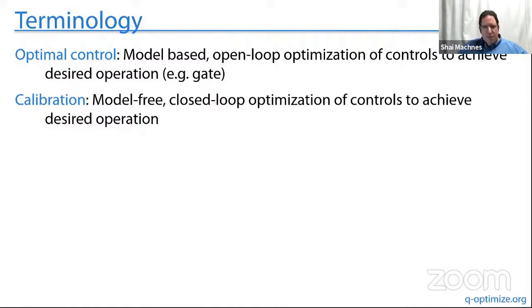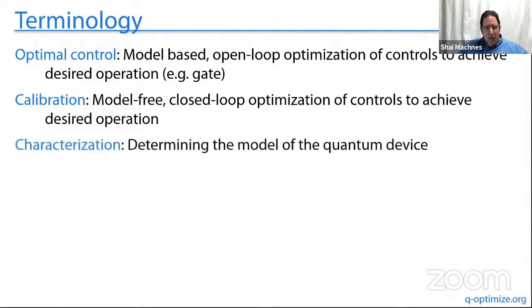This is advantageous if your model is really bad, which it often is. And then we have characterization, which is the process of determining the accurate model for the quantum device. In this field, we currently have the problem that when you manufacture superconducting qubits, they come out like snowflakes.